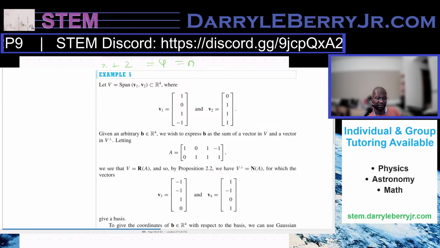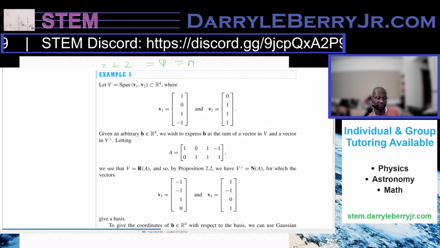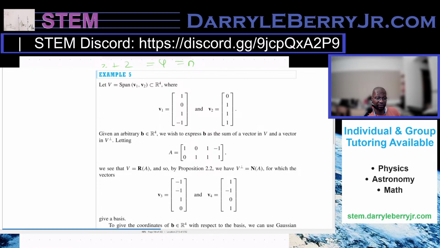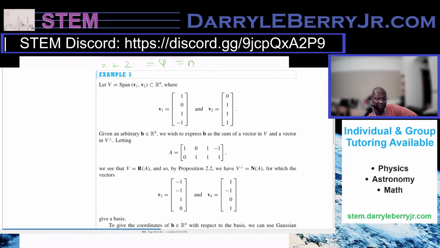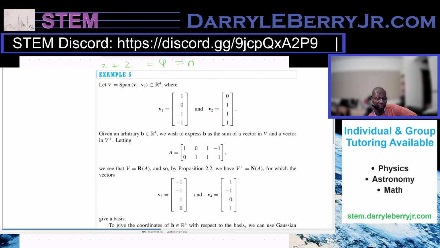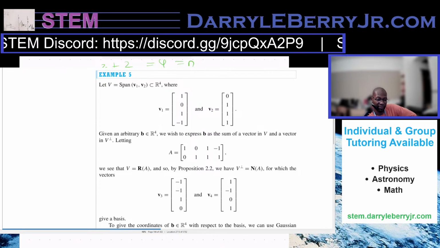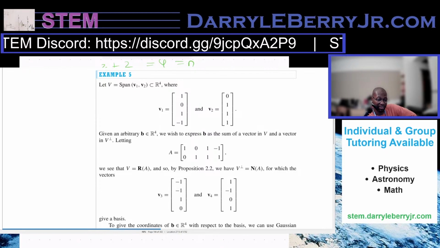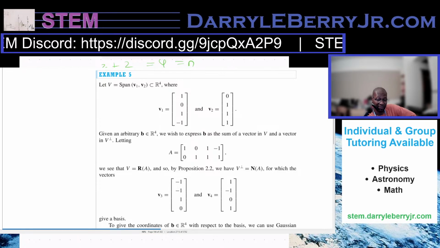And the row space spans V. Those vectors span V by definition. So the null space will be perpendicular to that. This is what my professor was saying, what I was asking him about yesterday. The row space plus the null space spans the entire space.